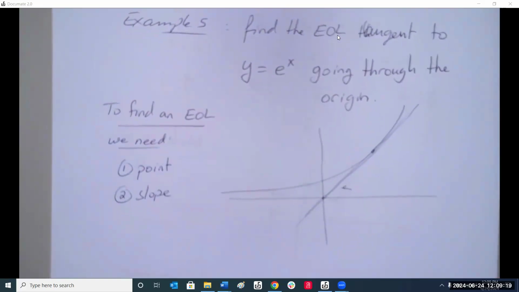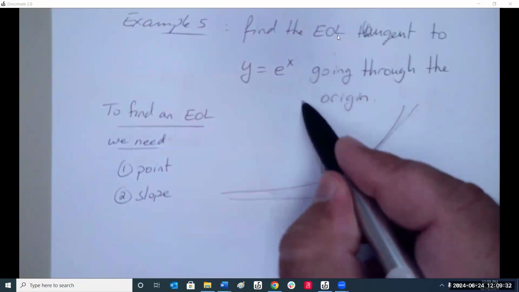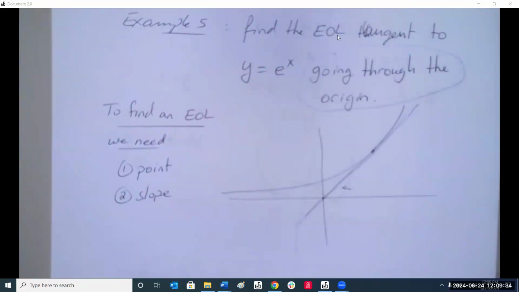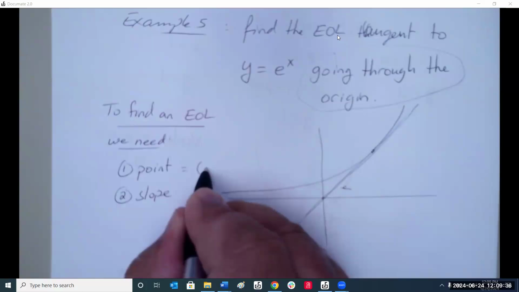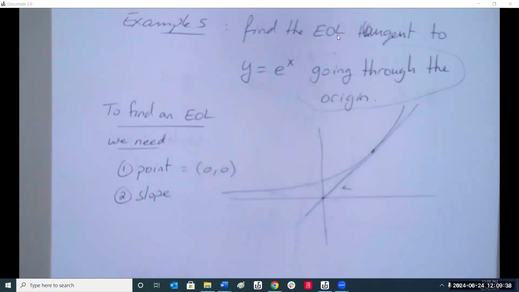Should we plug in numbers? What number are you gonna plug in? I meant like, what do we do, like the -1, 0, 1? No, you wouldn't need to. Where's the origin? 0, 0. How do we find the slope?